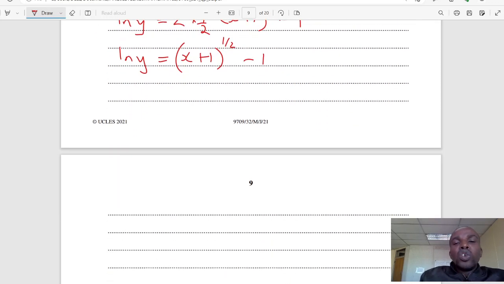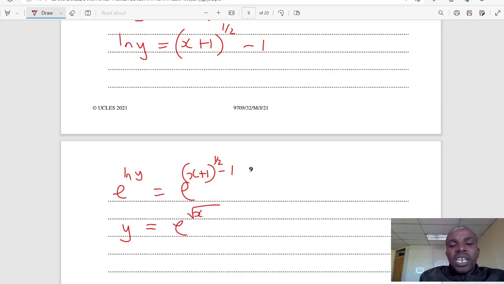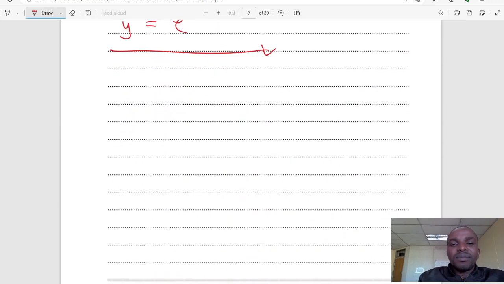How? Introduce e on both sides. So it will be e to the power ln y equals e to the power (x + 1) to the power half, which is the same as root of (x + 1), then minus 1. Then e to the power ln of a number gives that number. So y equals e to the power root (x + 1) minus 1. So this will be my differential equation solved.